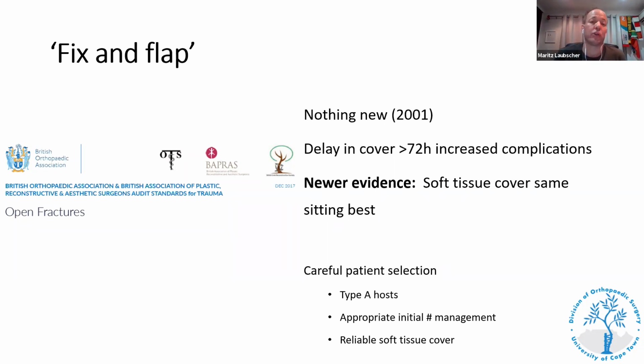And most importantly, you need to agree with the plastic surgeon when you put the patient on the table that they will perform the flap in the same sitting. So you never want to send the patient to the ward with fracture fixation without soft tissue cover, even though it is described in the literature to get the soft tissue cover in up to 72 hours after the fracture fixation.